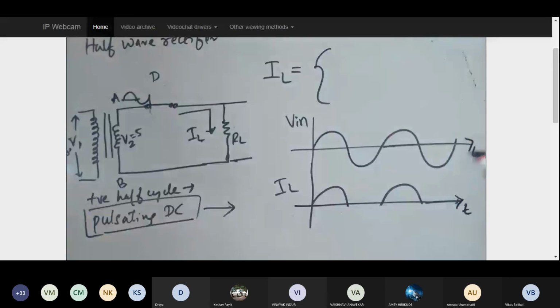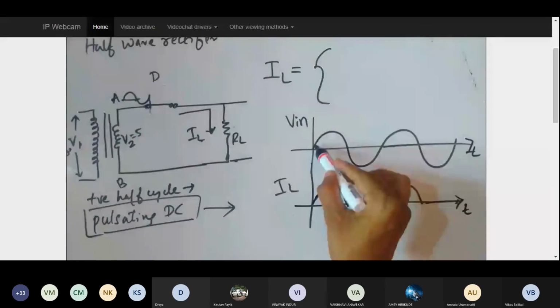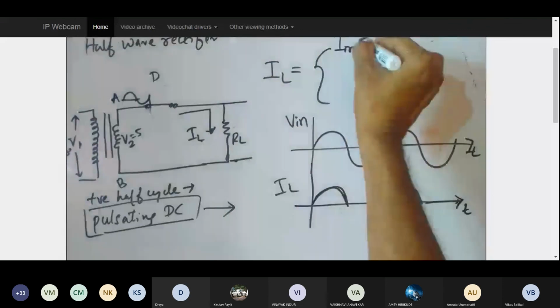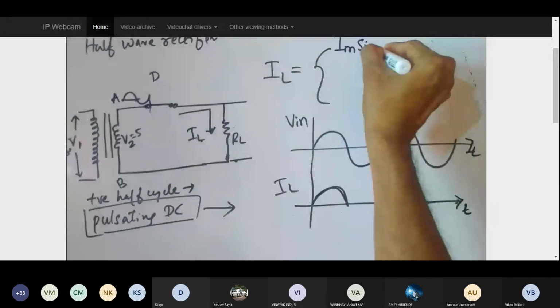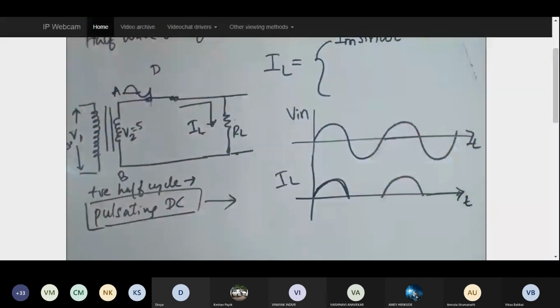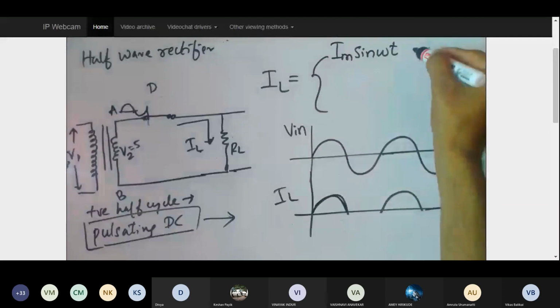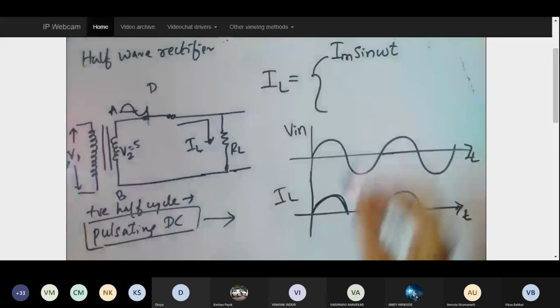So x-axis is your time axis, please remember that. The current is not sinusoidal for the entire duration, only when the input voltage is positive is it sinusoidal, otherwise it will be 0. So can I write something like this? IL equal to Im sin omega t in the duration 0 to pi.